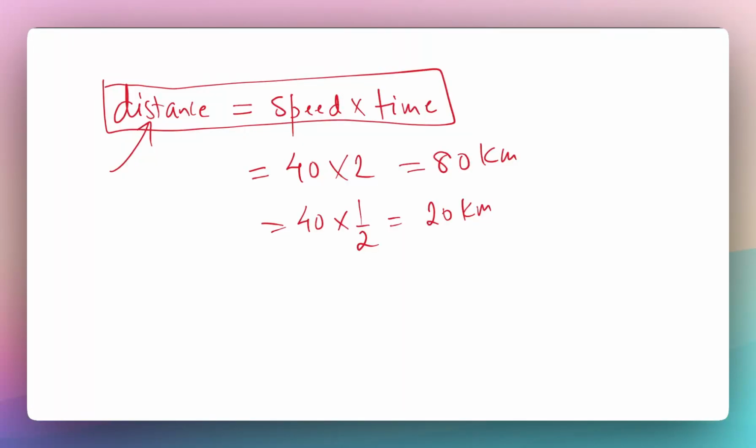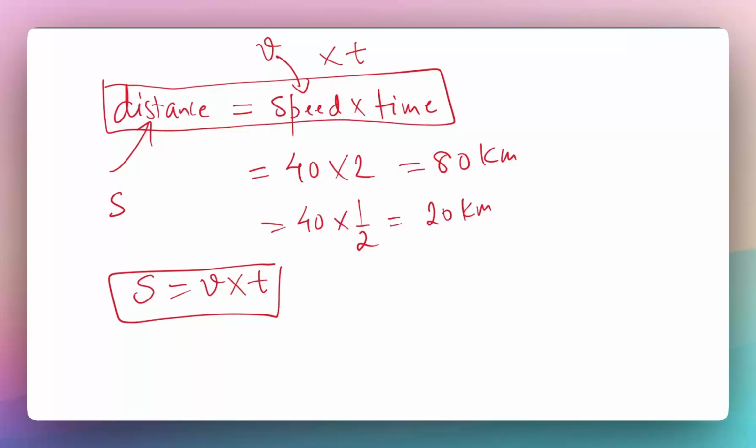If we represent distance by s and speed by v and time by t, we can say s is equal to v into t, right? This is valid when the speed is constant, or not changing.